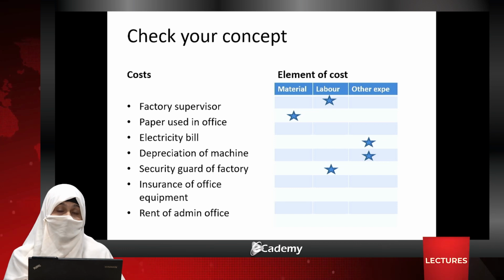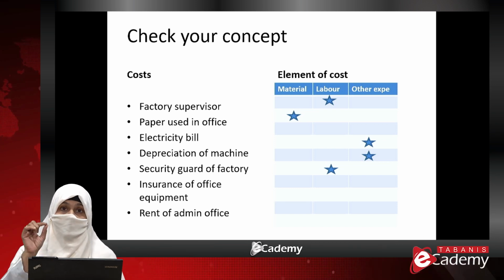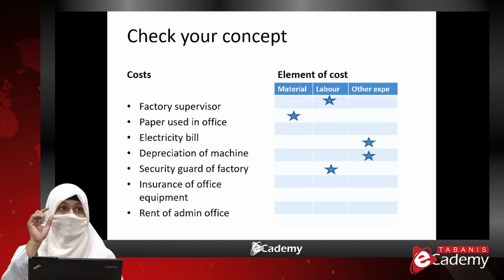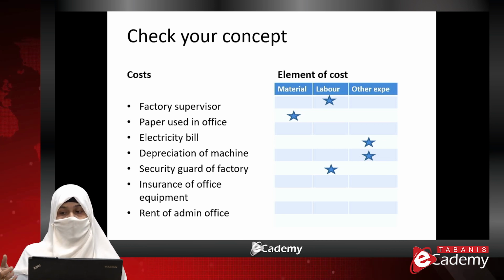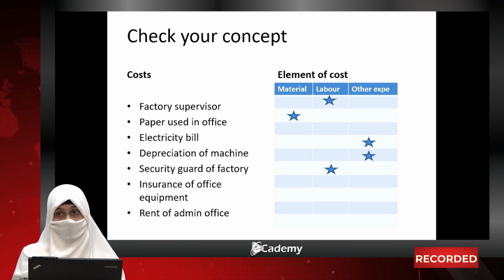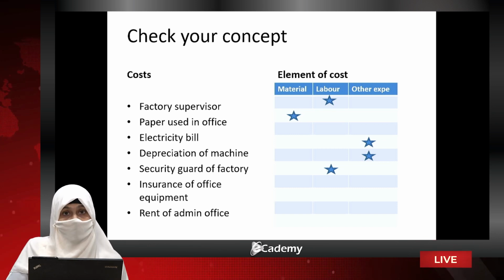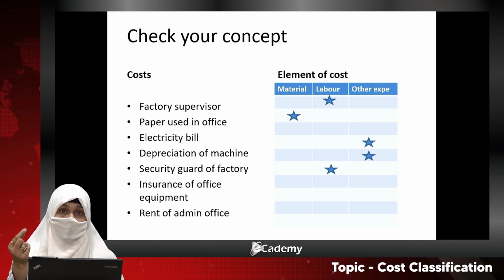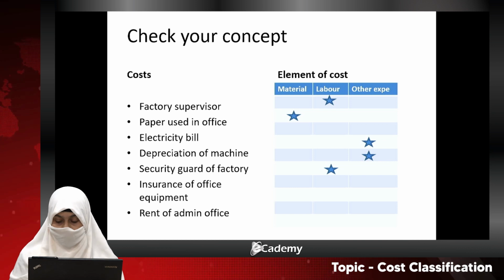It's not about where you are using it. It's about what you are paying for. You are paying for petrol. Likewise, if I am paying the salary of a machine operator, then the machine operator is operating a thing. It doesn't matter what he's operating, what you are paying for is a salary, it's for labor. So it comes under the head of labor.